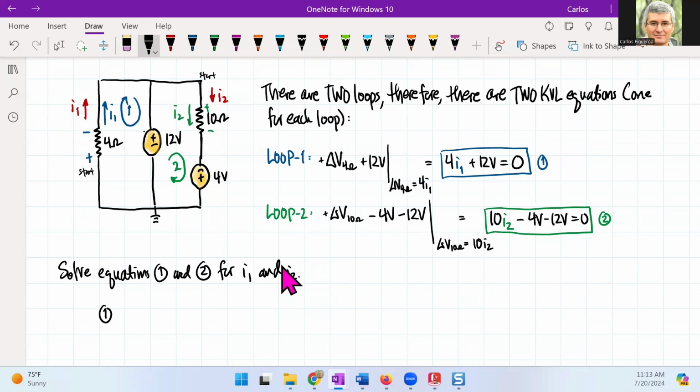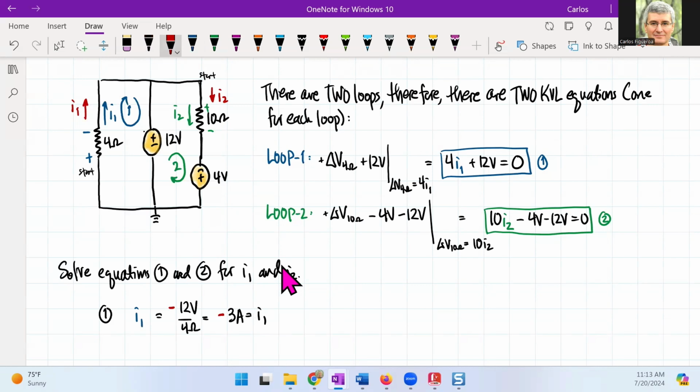I'm going to take the 12 to the other side, and you're going to see that I1 is then going to be equal to what? Going to be equal to 12 volts, but there's a minus sign, divided by 4 ohms, which then gives us 3 amps for I1.